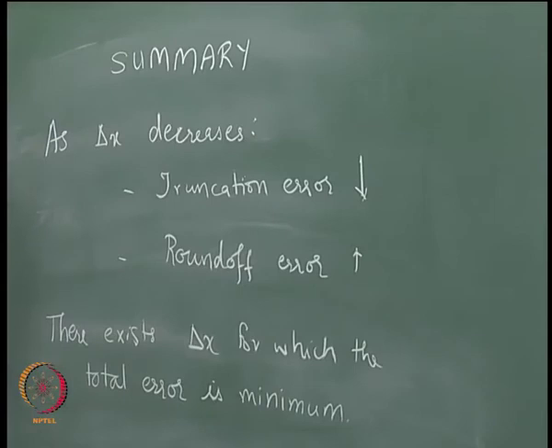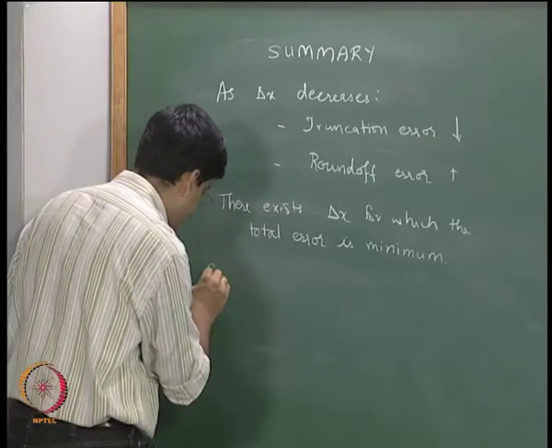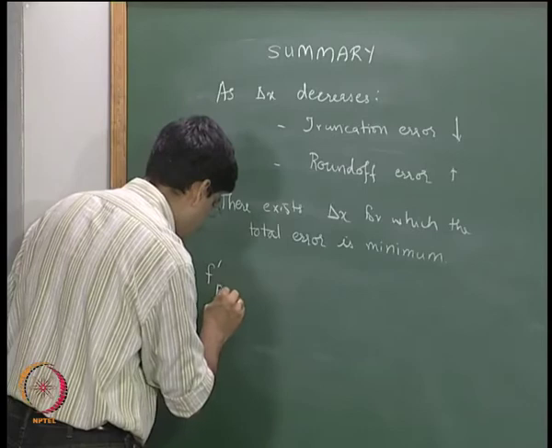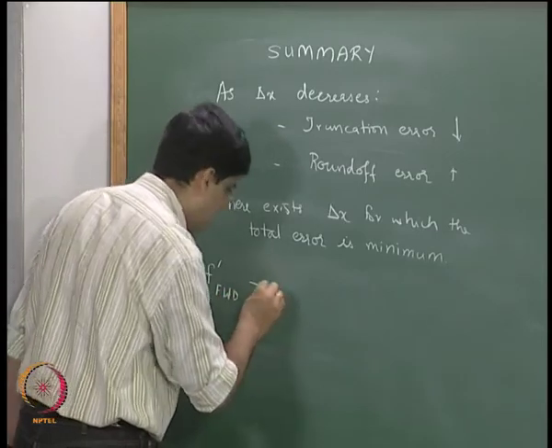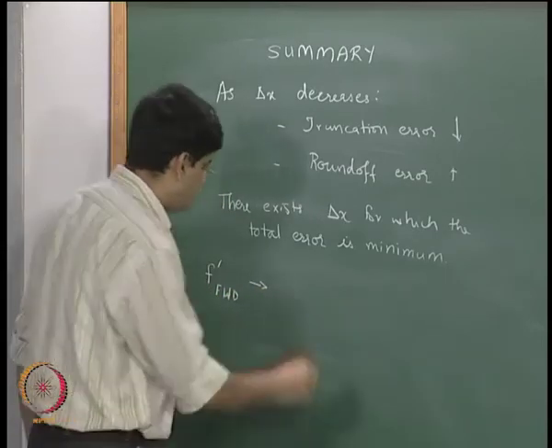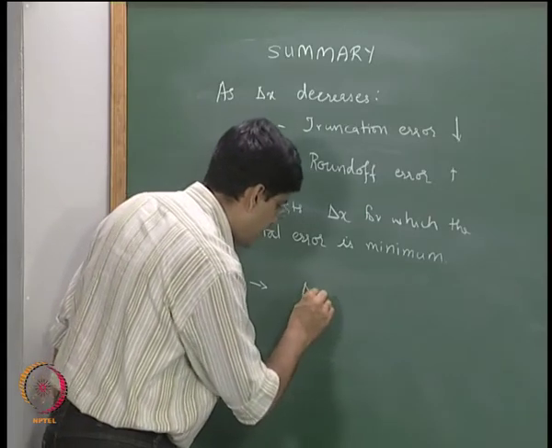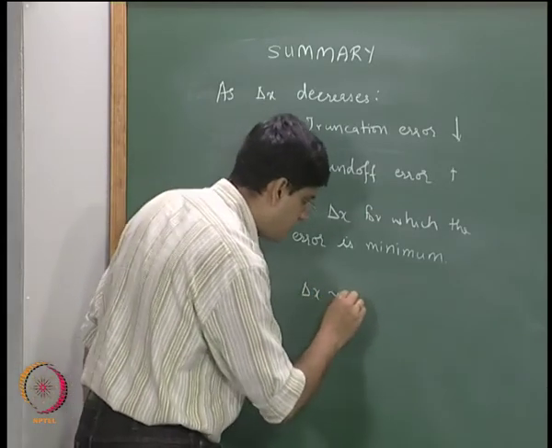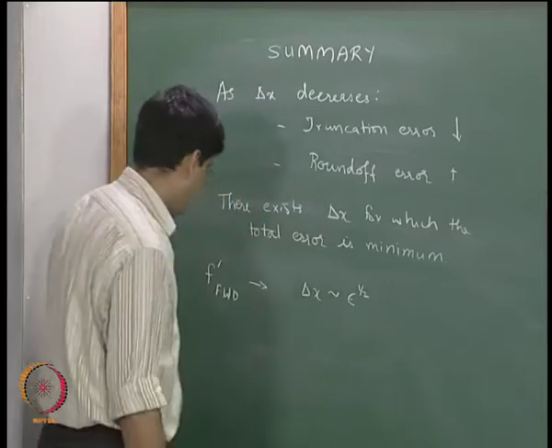Okay. So, for the forward difference formula, our delta x has to be proportional to epsilon to the power half.